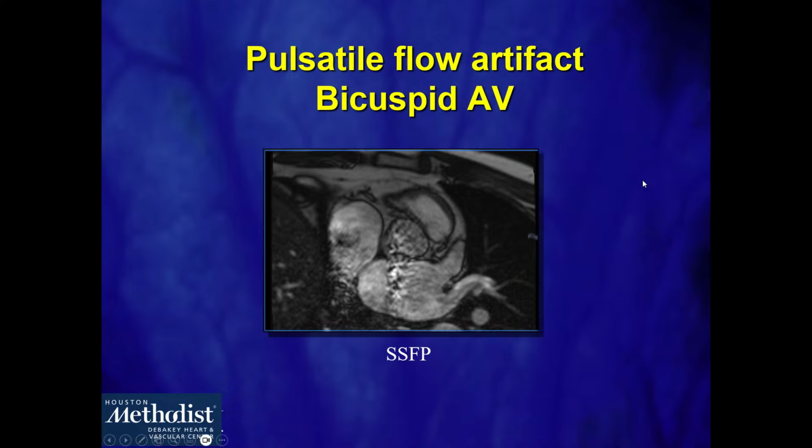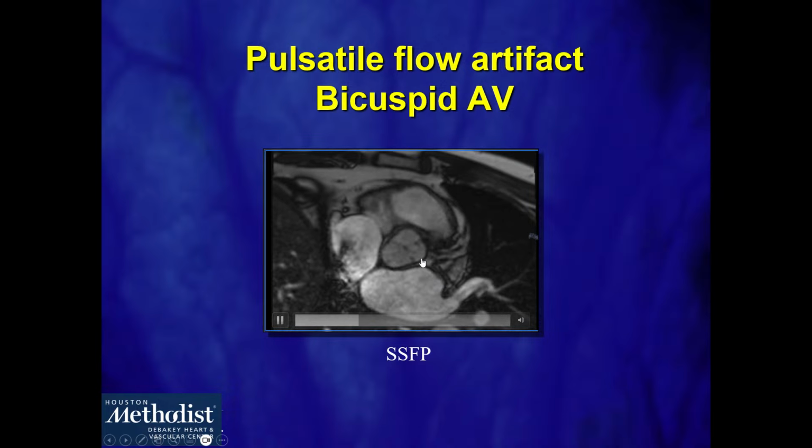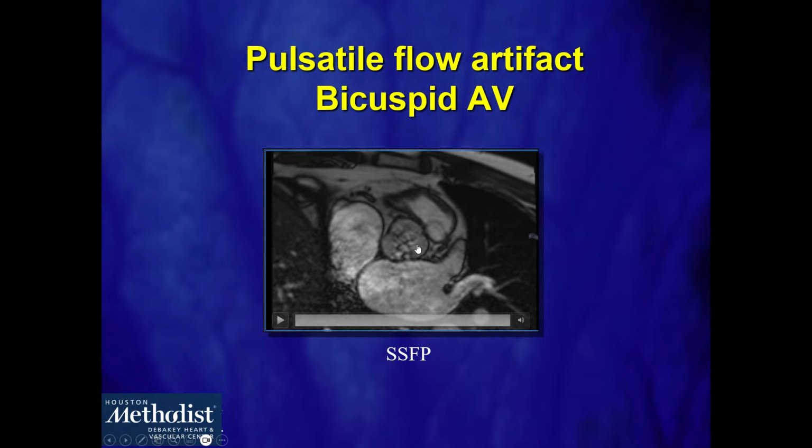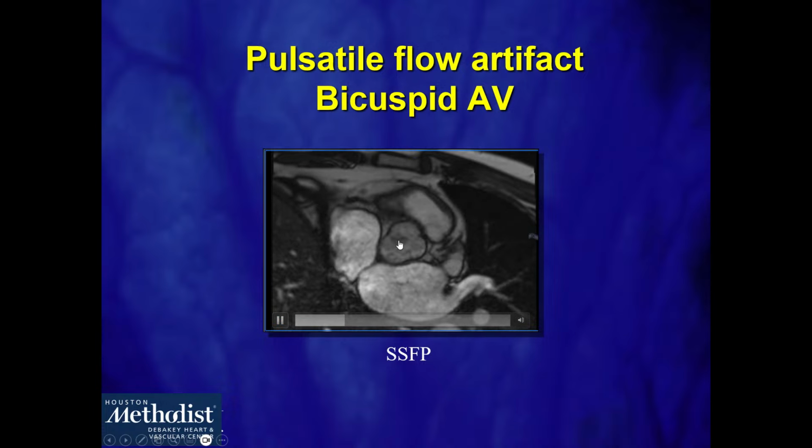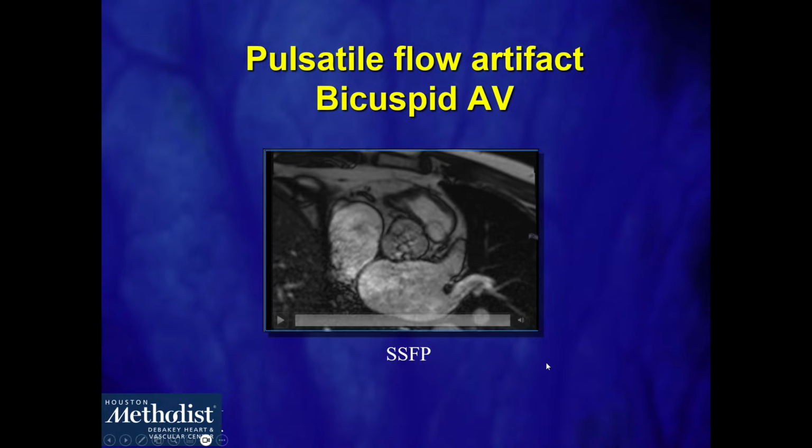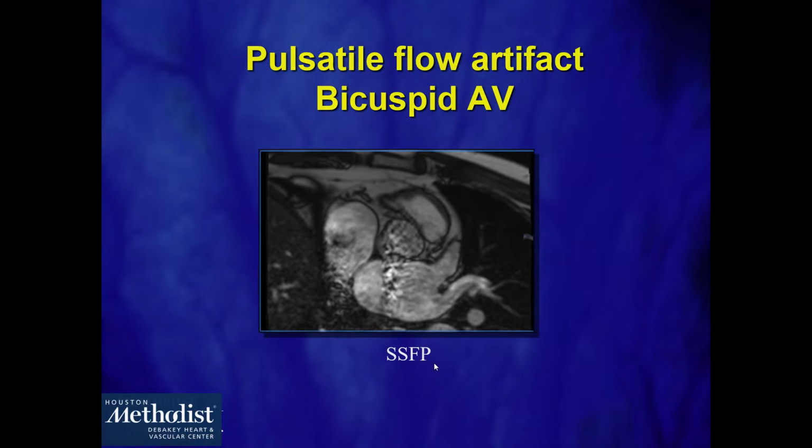We have another type of artifact which is affected by flow. This is a short axis of the aortic valve. I cannot really tell whether this patient has a bicuspid valve or not. It probably looks like it. This is the left cusp, this is the right cusp, this is the non-cusp. But there is a lot of pulsatile flow going through this valve. This is using the standard steady state free precession.